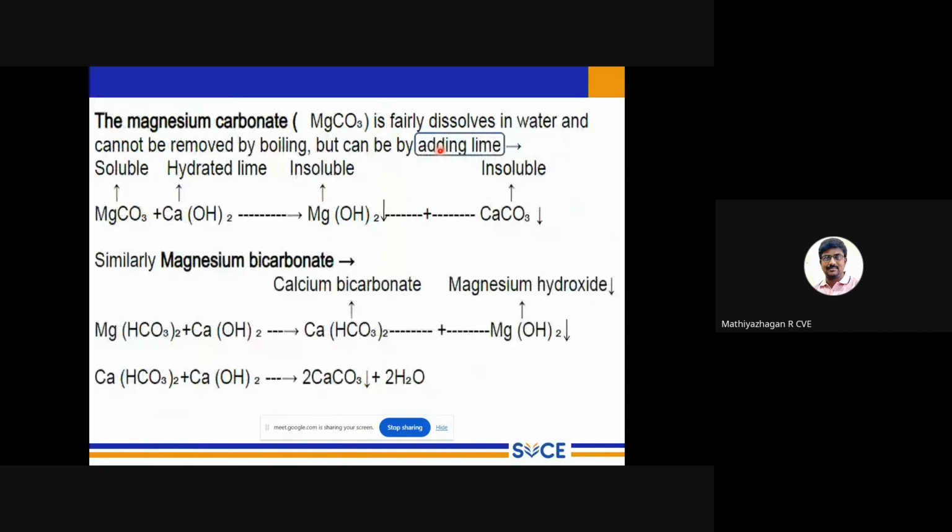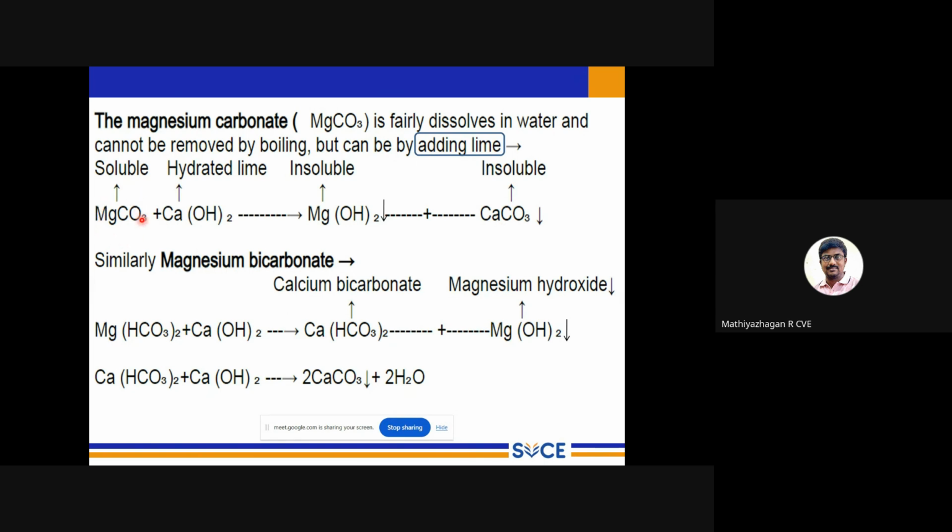Magnesium is also present, but we can't remove magnesium carbonate by boiling alone. Therefore we go for the lime process. Boiling and adding lime can easily remove the magnesium carbonate, the temporary hardness.